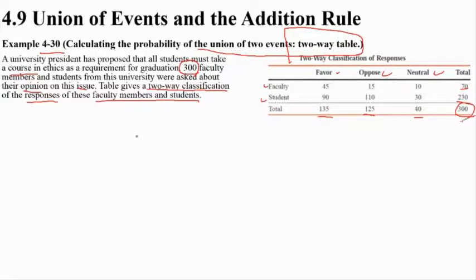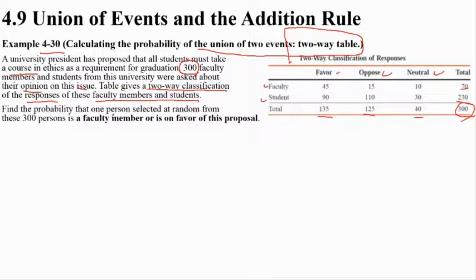The question is the probability when selecting randomly from the 300 people.